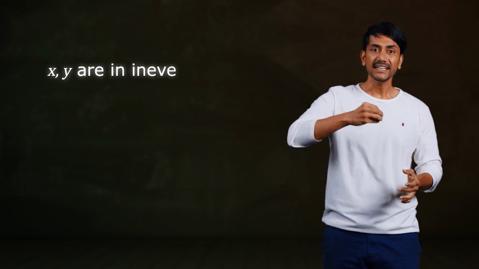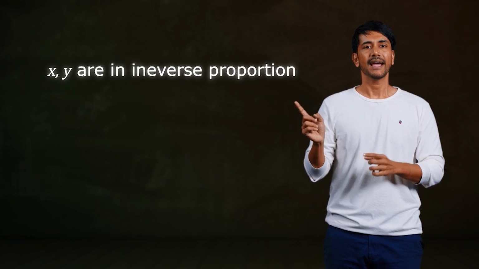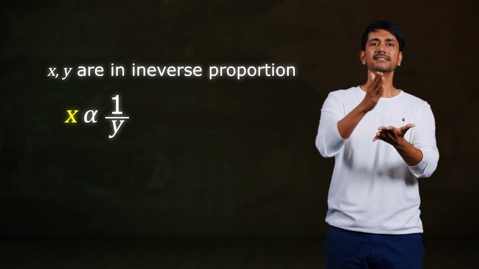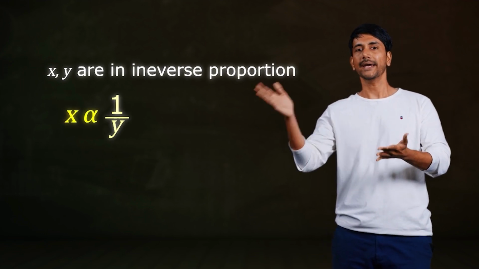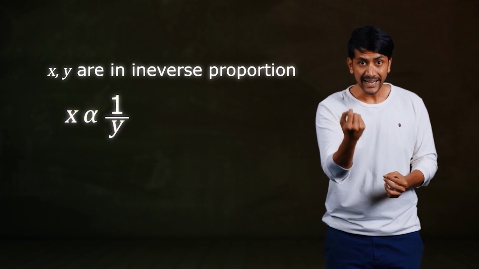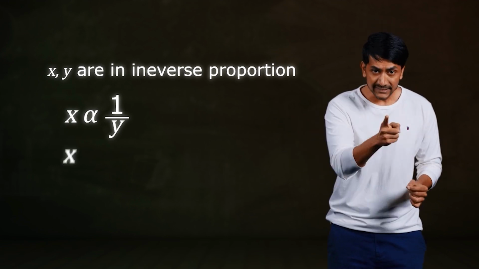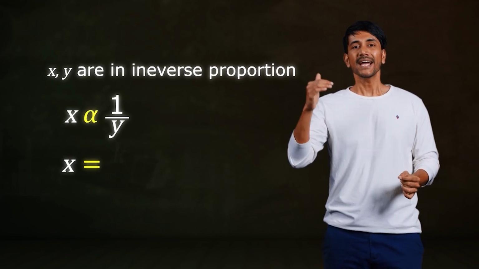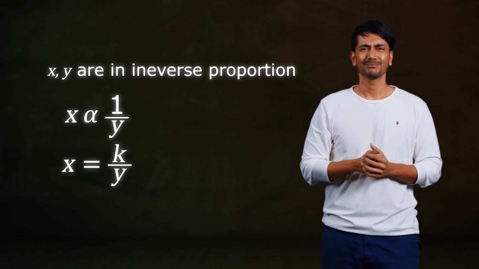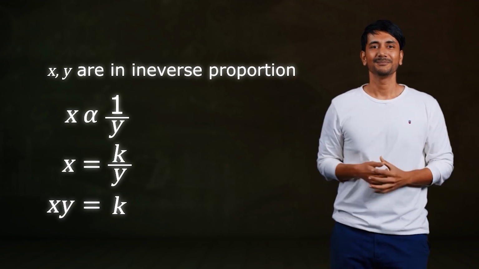In general, if x and y are in inverse proportion, they are written like this and read as x is inversely proportional to y. And when we replace the proportionality sign, the equation changes to x is equal to k by y, or xy is equal to k.